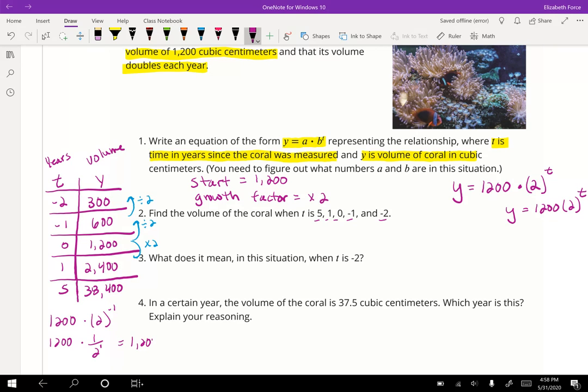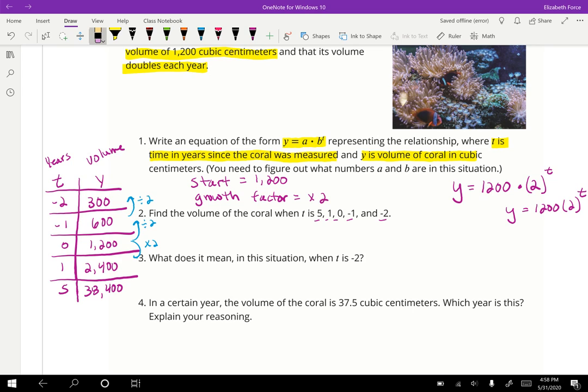And 1,200 times a half is 600. So I don't know about you, but I really don't care to put negative exponents into a calculator. So I'm going to use the concept that if I'm multiplying to work up my table of values, then I'm going to divide to work down my table of values. So we found all our volumes.